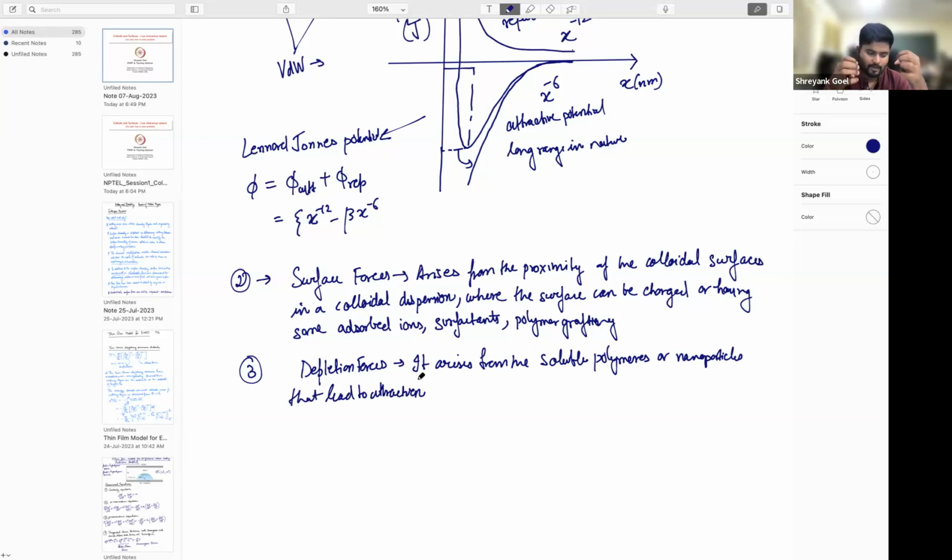So two colloidal particles try to attract, and then they are unable to access the space between the two because of some sort of disturbance. Like you have a parallel plate capacitor, and you put some dielectric media inside that, so it is some kind of depletion. Instead of free space, there are some molecules coming that are depleting the interaction between the two particles, so those are called depletion forces.